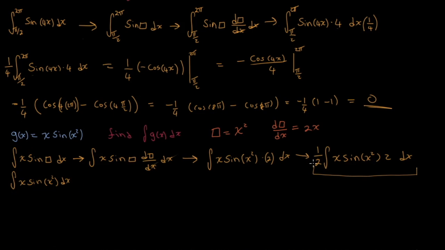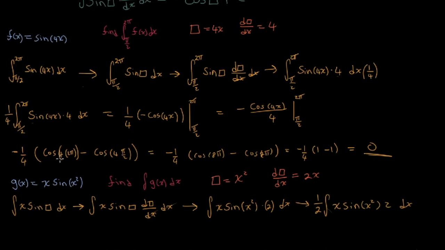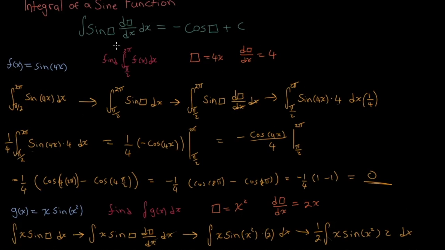These two equal each other, and on top of that, the integrand is in the proper form. So what we can do now is convert from this to this right here. We can now put it in terms of cos of whatever our placeholder is, plus c.